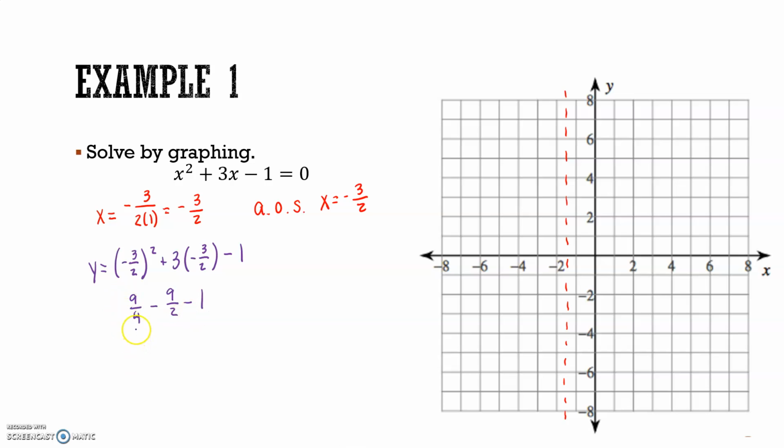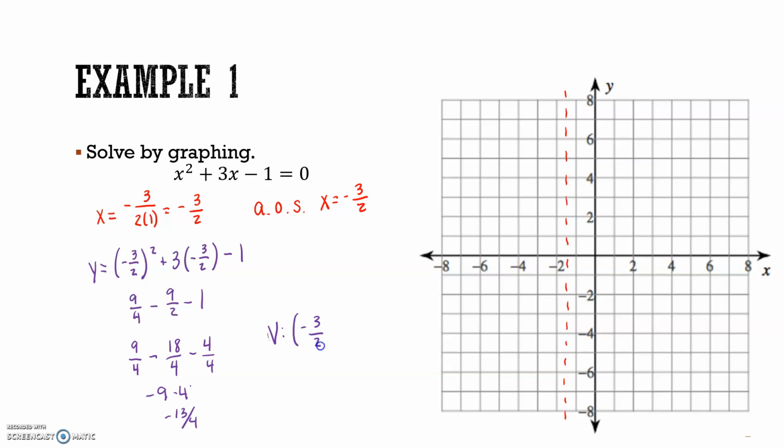So I'm multiplying this one here by 2 and this one by 4. That gives me 9 over 4 minus 18 over 4 and minus 4 over 4. When I do 9 minus 18, I get negative 9. And negative 9 minus 4 is negative 13. So we get negative 13 over 4, and that's our y-coordinate of the vertex.